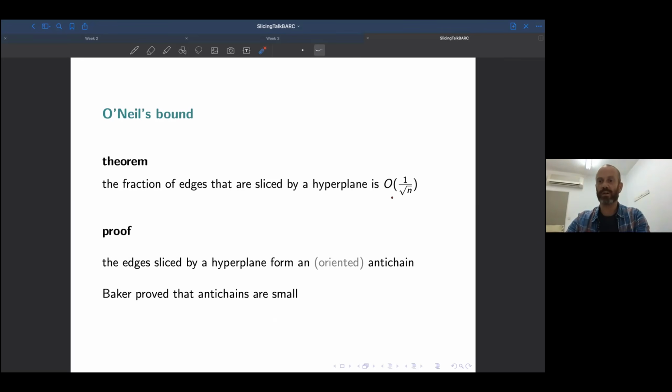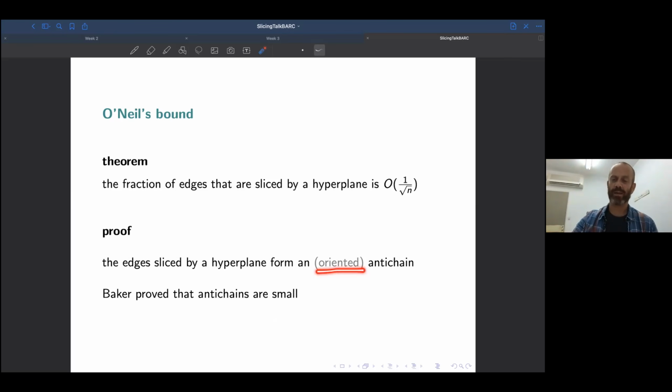So to slice all edges, we need at least square root of n, just in terms of counting. Now, how does his proof go? First, this is the observation we just described, that the collection of edges that a single hyperplane slices is an antichain.